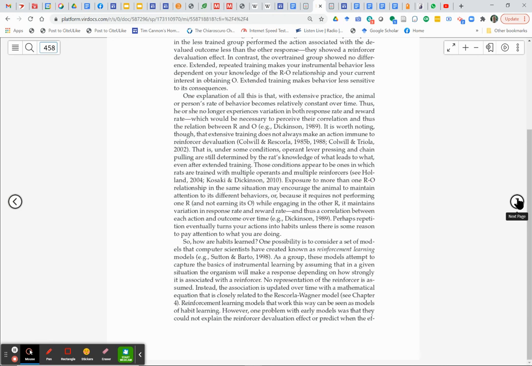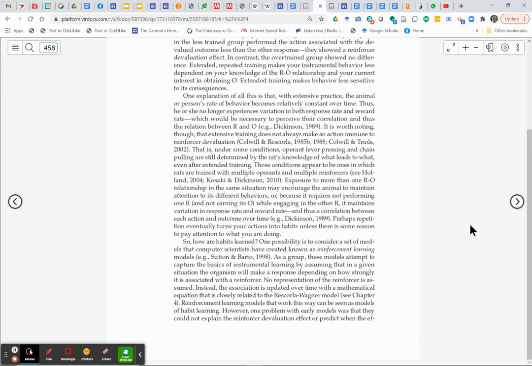Having multiple R-O outcomes may encourage the animal to maintain attention to its different behaviors, so they can't rely as much on habit. If there's differences, they have to pay attention.